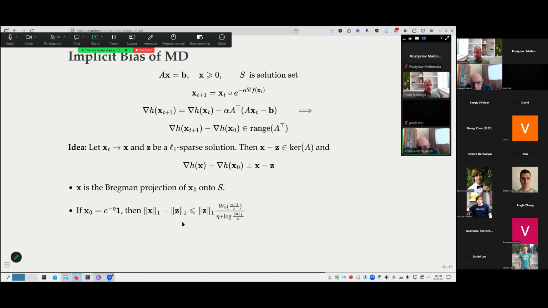We have this bound, and this is some constant that depends on n. Basically, it behaves like some constant divided by eta. So if eta is large, then this is rather small. Which tells us that it should not be far away from the sparsest norm. So that's basically one of the reasons why we observe this sparse solution.